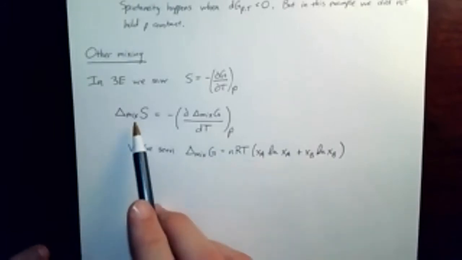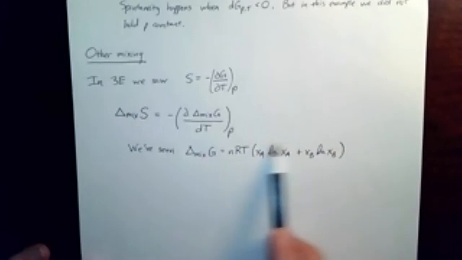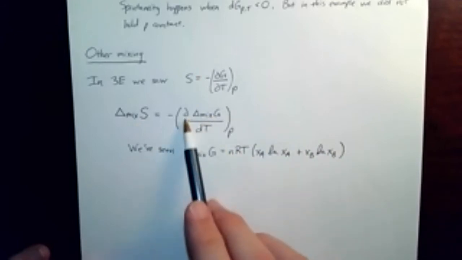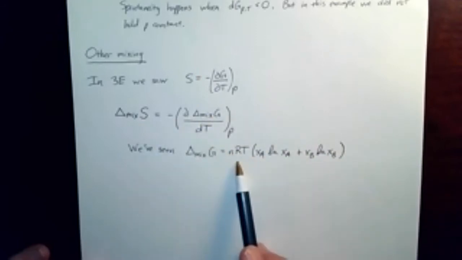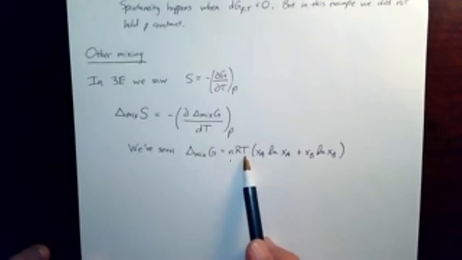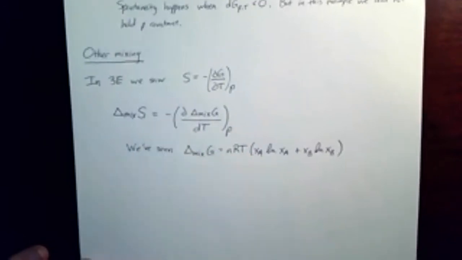And so now I want to find delta mix S. Well, I take this, I put it up here, which means I'm going to take the temperature derivative of this. Well, the temperature only appears here, and so that's going to drop out, and I introduce a minus sign.